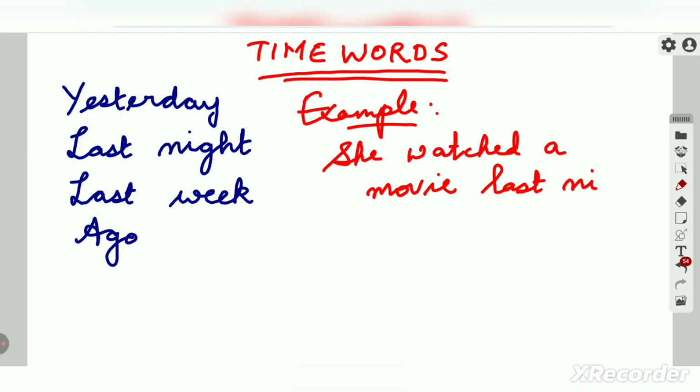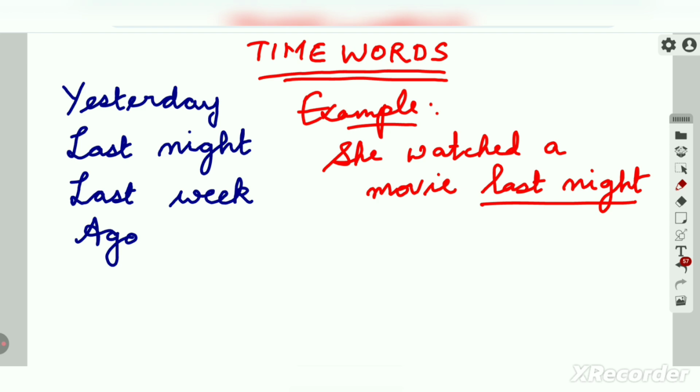So if you find this word last night or last week, whatever it is, then you can understand that this sentence should be in the simple past tense. So when we see these words, we can often understand that the action happened in the past. So time words help us identify the simple past tense. Yesterday, last night, last week, ago.